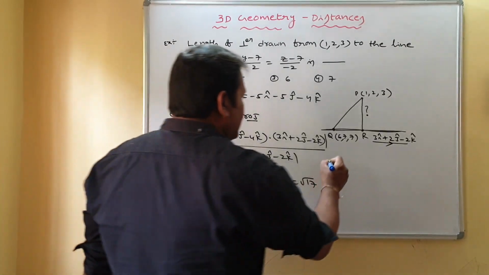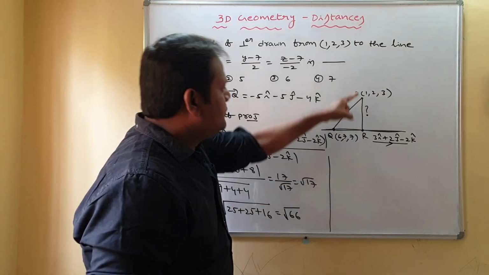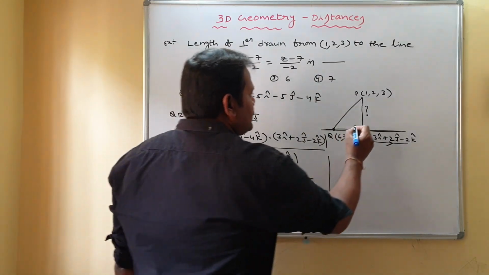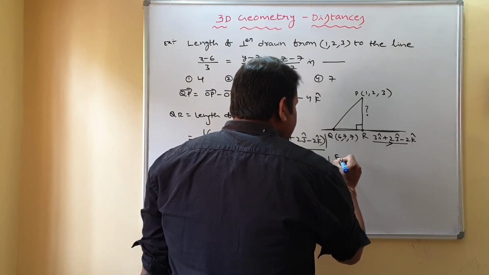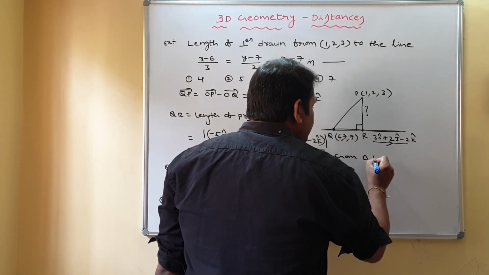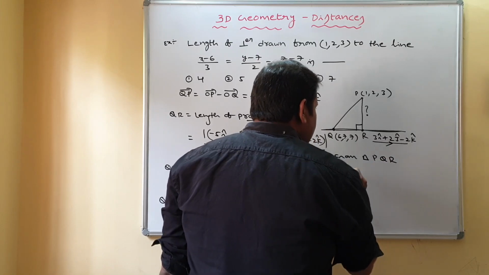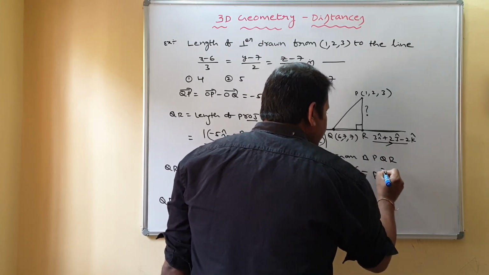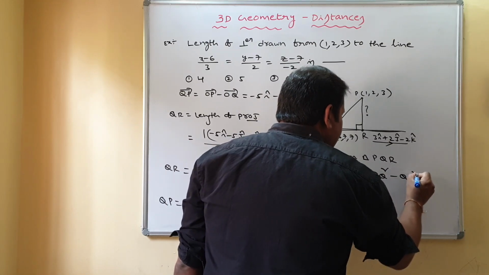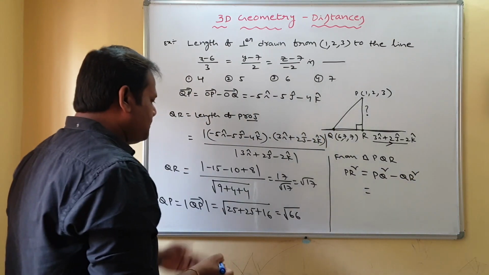We want PR. So use Pythagoras theorem. From triangle PQR, a right angle triangle, PR square equals PQ square minus QR square. So what is PQ square?